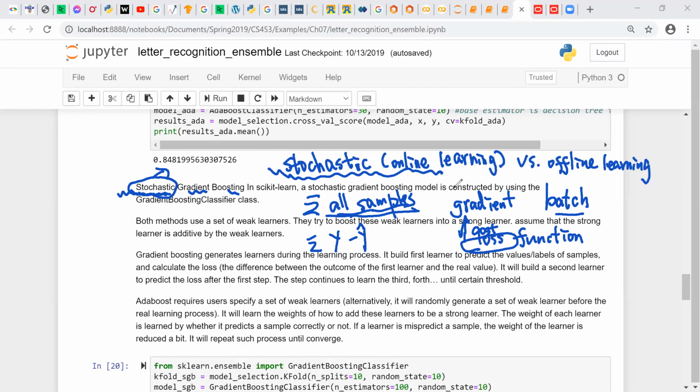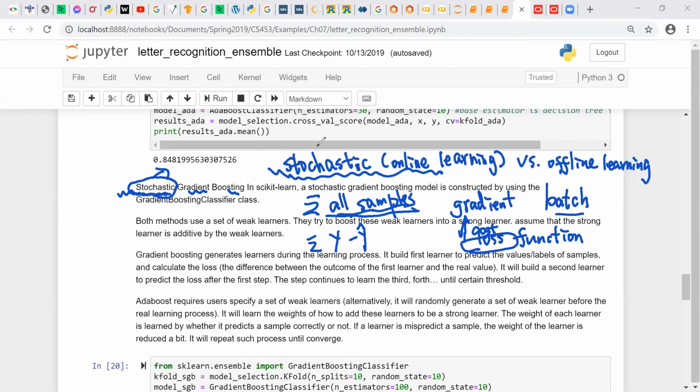Also keep this in mind because when you go to a job interview, people ask about stochastic. We should know what that means. It's mainly because in machine learning, when you have huge data and you cannot load all of the samples into memory at one time to do the processing, what can we do?